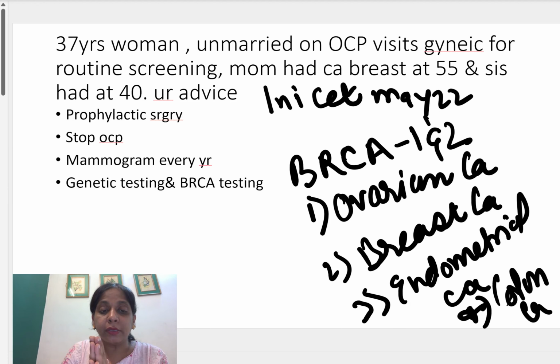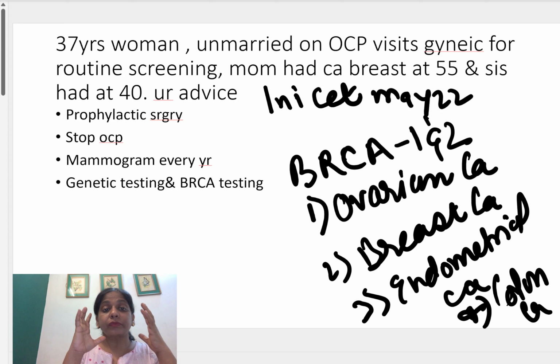So when you are taking the history of a patient with adnexal tumors, you are going to ask whether there is any family history of ovarian cancer. Simultaneously you are going to ask whether there is any history of breast cancer, endometrial cancer, or colon cancer.